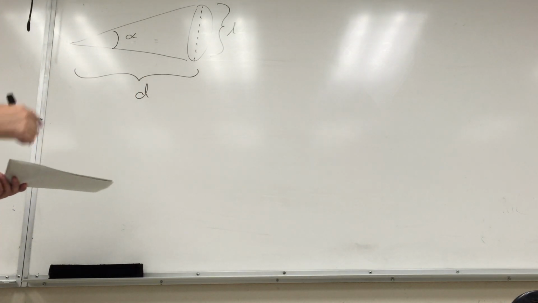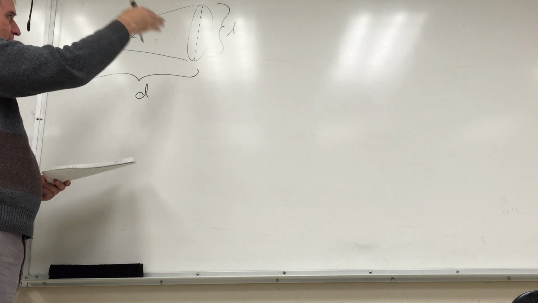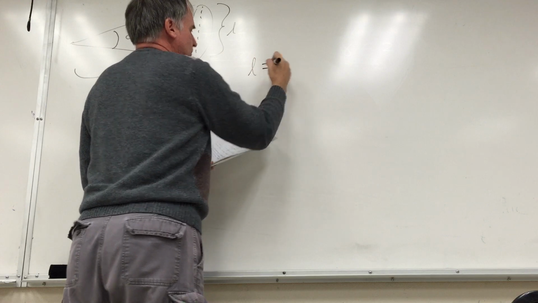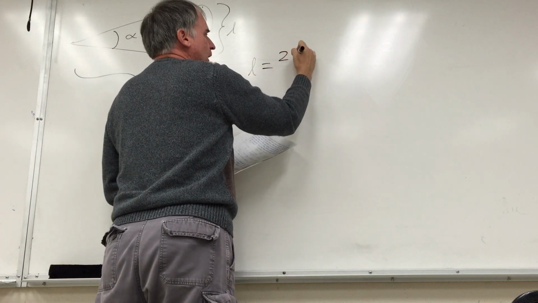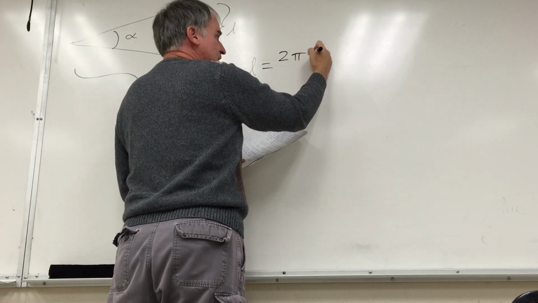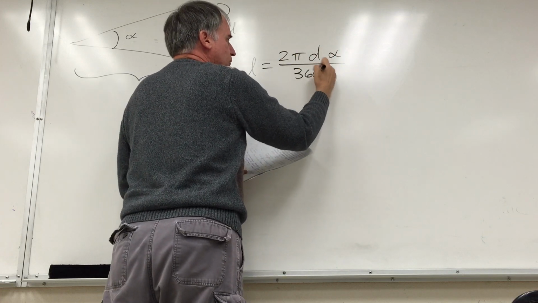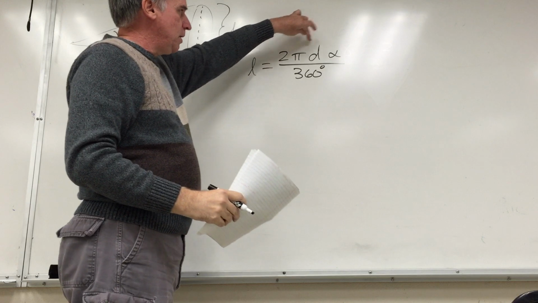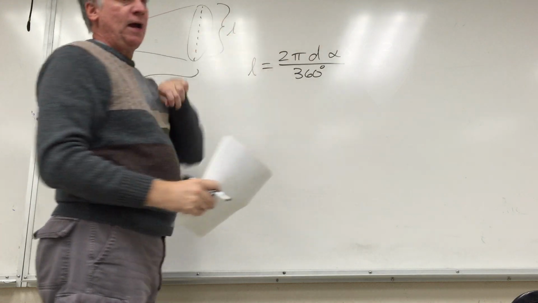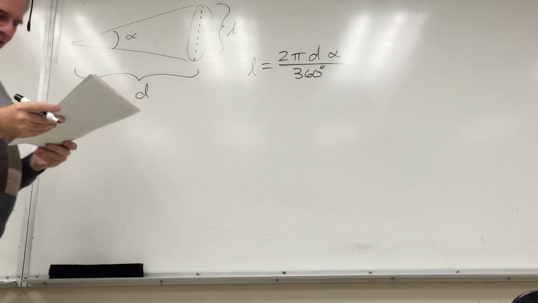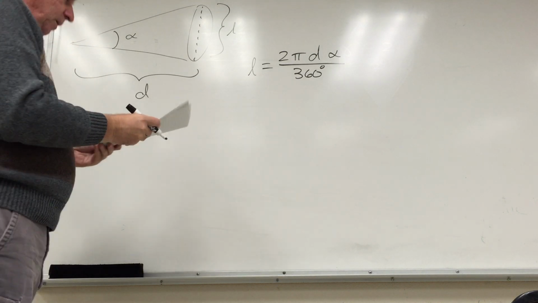In the textbook, they work out the formula relating L and alpha and d, and this is the formula they got in the textbook. L is 2 times pi times d times alpha divided by 360 degrees. So if you know d and you know alpha, you can figure out the linear diameter of your object L. Well, that's the situation we're in here.